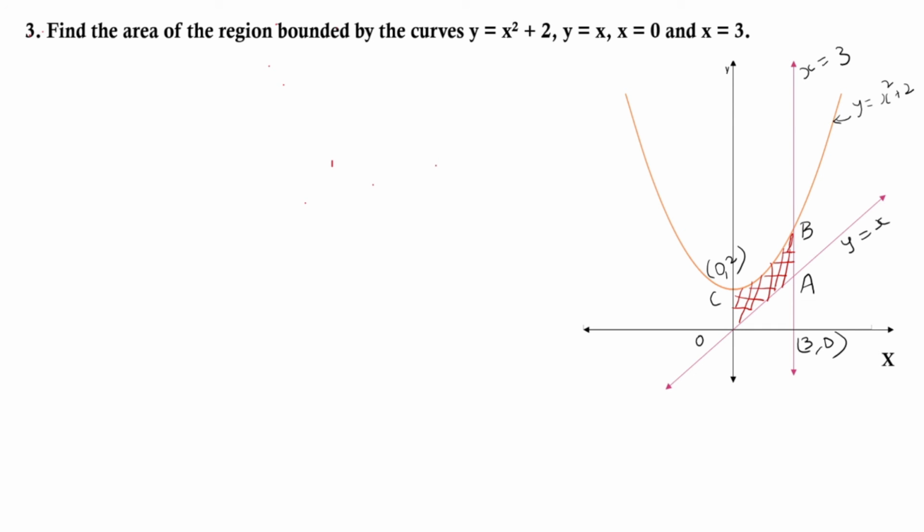So these are the curves and the lines, and we have this point C is 0, 2 and this point is 3, 0. So now we need to find the area of the shaded region.